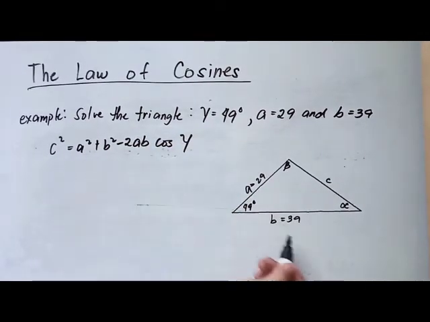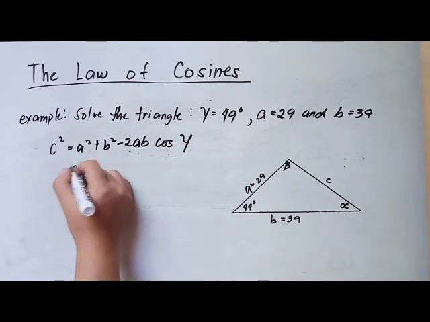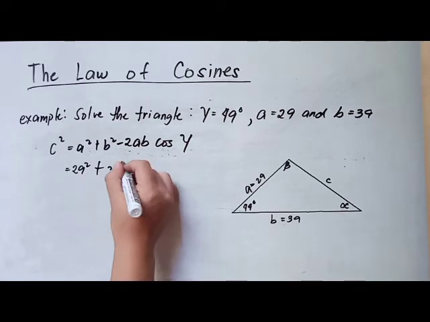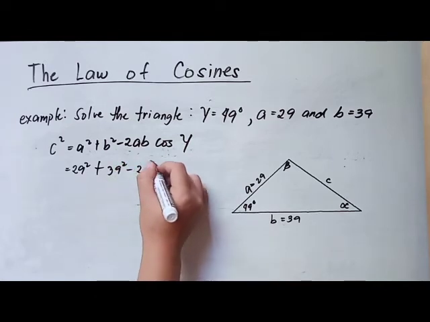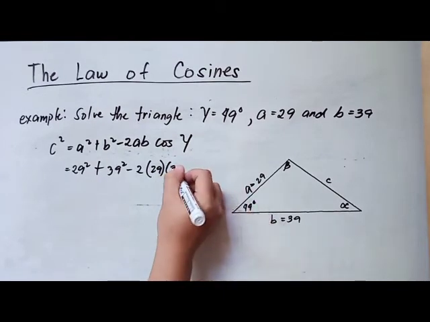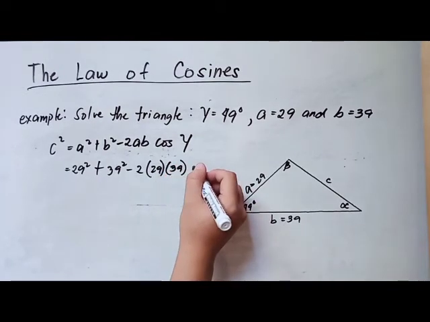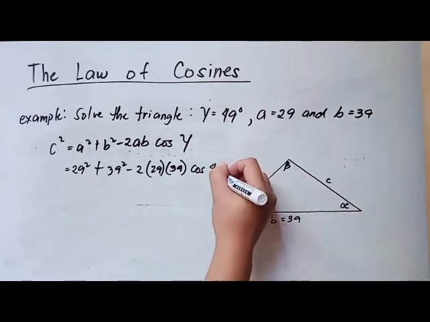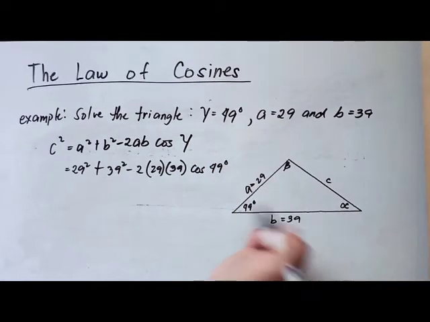So our a is 29, so that is 29 squared plus our b is 39 squared minus 2 times our a, which is 29, times our b, which is 39, cosine 49 degrees.